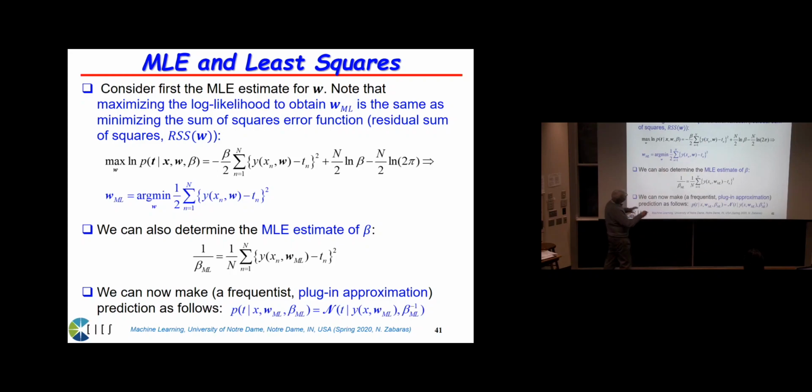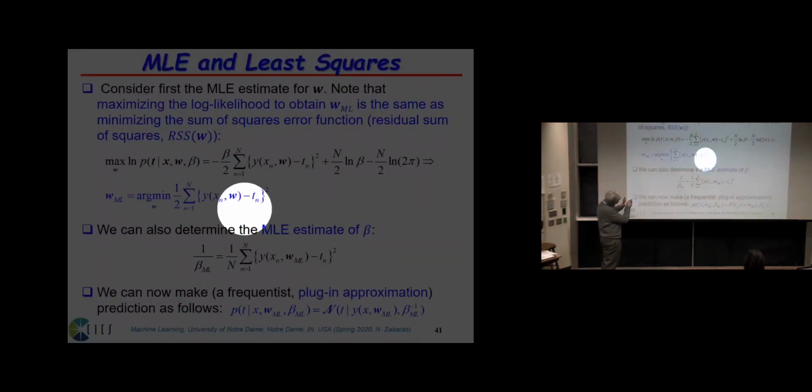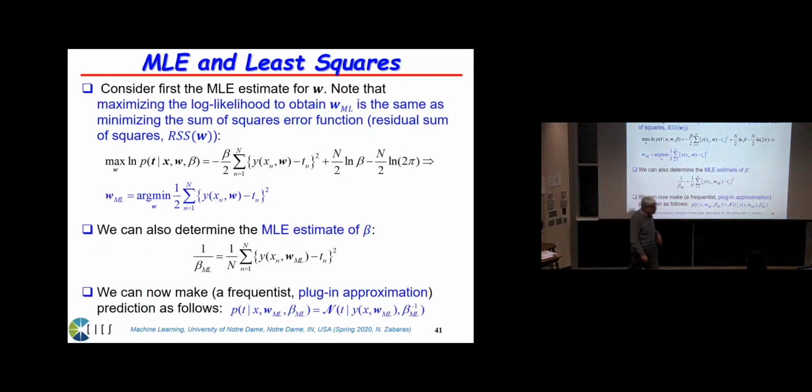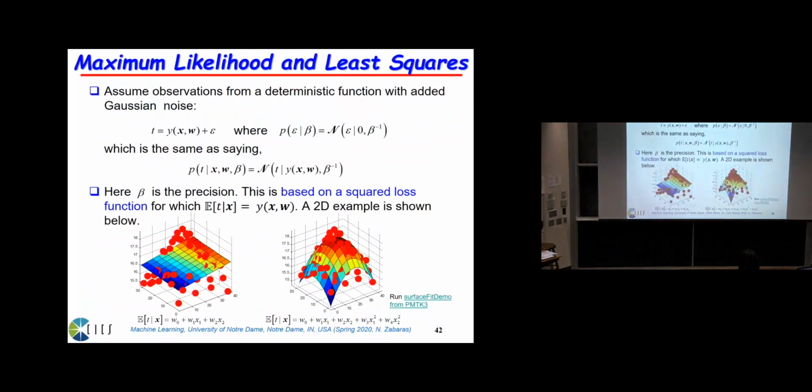But still, I want to formally write these equations for W and for beta, so we can see how these equations look once and for all, and also to convince you why I call them least squares estimates. Because you have seen least squares. I want to show you that actually this is a least squares problem for W.